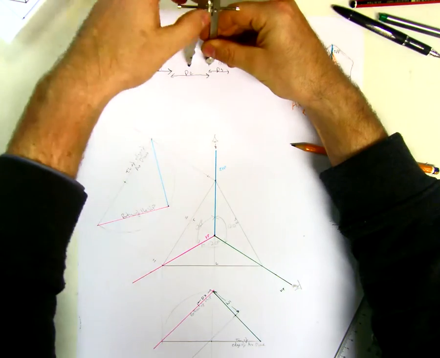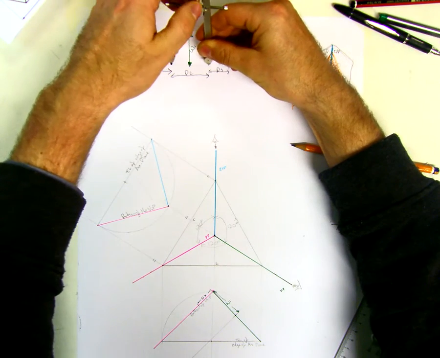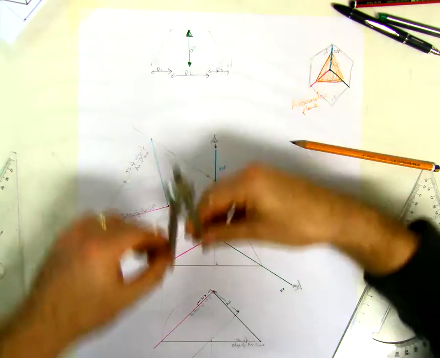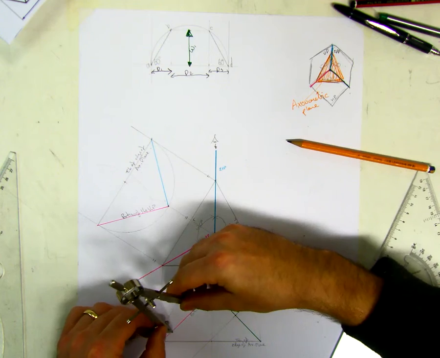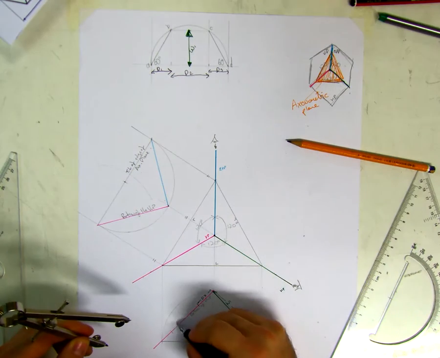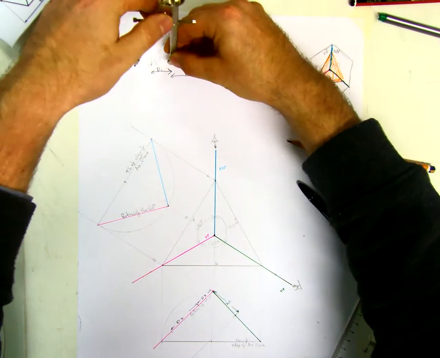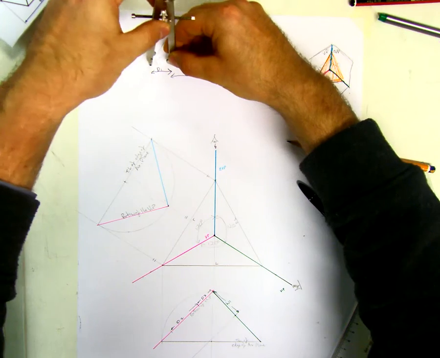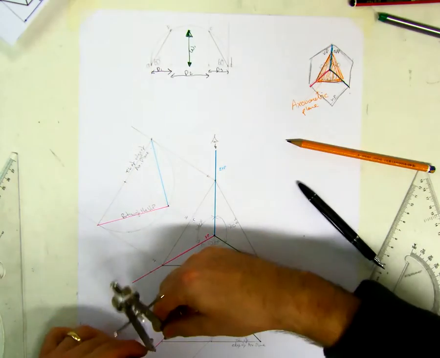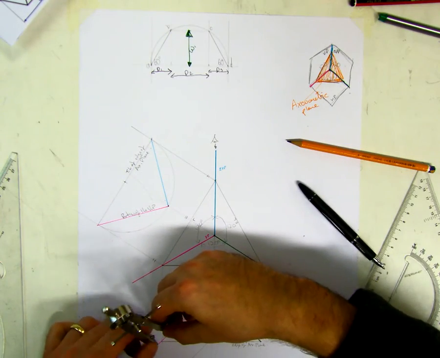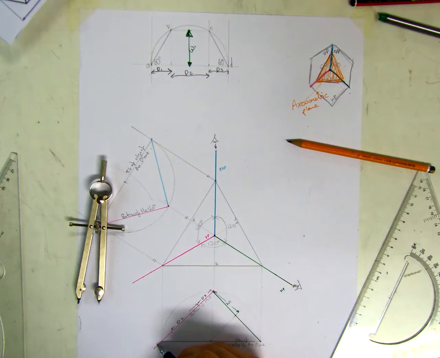Then we're going to take distance 2. And then we're going to take distance 1. So distance 1 and 3 should be the same. Okay, so we have distance 1, 2 and 3.